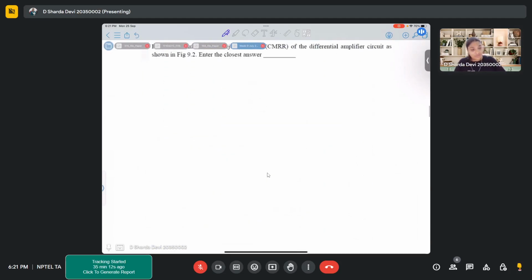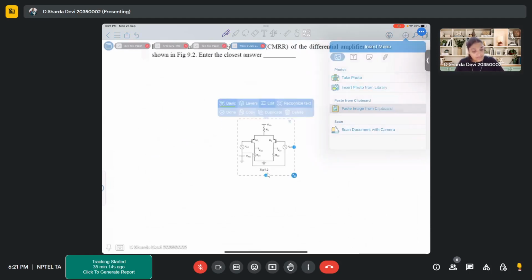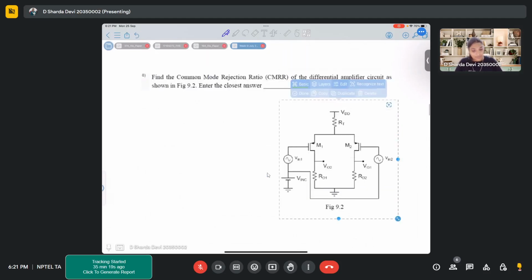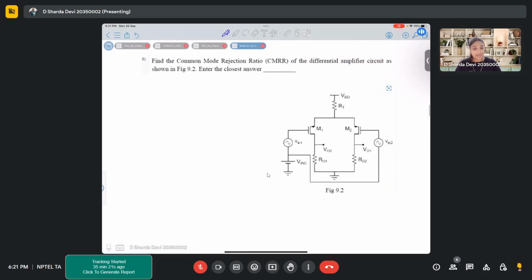Now moving on to the next problem. In the same figure, you have to find the CMRR of the same circuit. So we know that CMRR, what is the formula for CMRR? AD by ACM, correct?